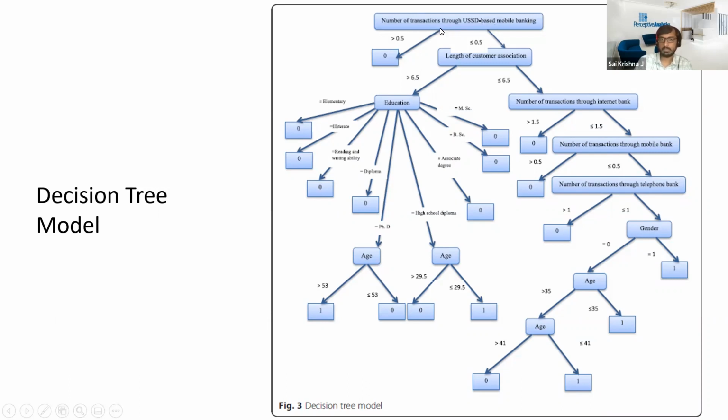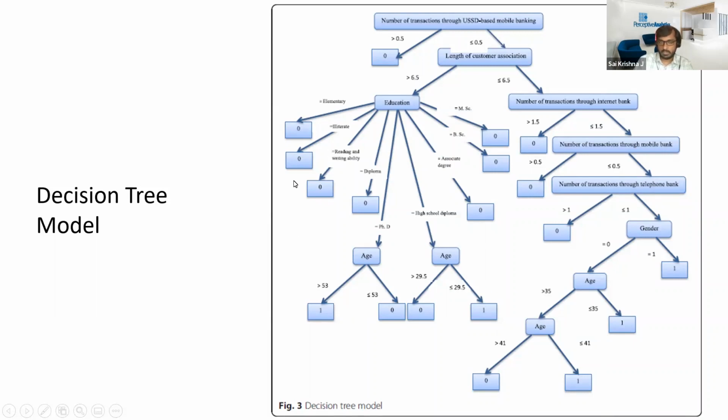Okay, and then in each subsequent iteration, they identified the right variables based on the Gini index, and then you can see the other variables as well. So if age is greater than 53, less than or equal to 53, or if it is greater than 29.5, less than or equal to 29.5, and so on.